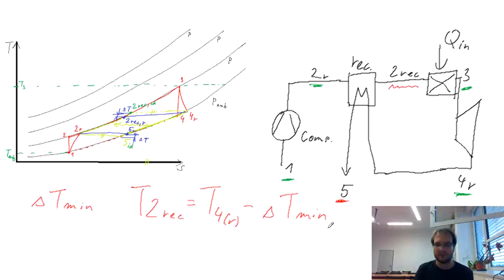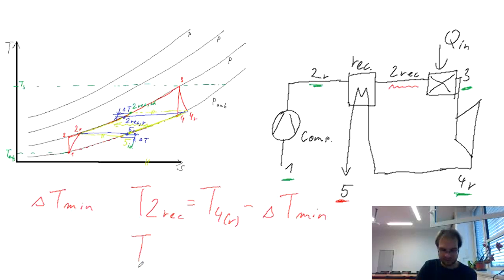And since our working fluid has the same specific heat capacity, both at the high pressure and low pressure and regardless of temperature, the temperature difference on one side will be the same as the temperature difference on the other side.